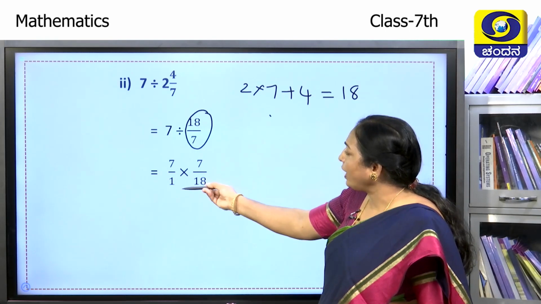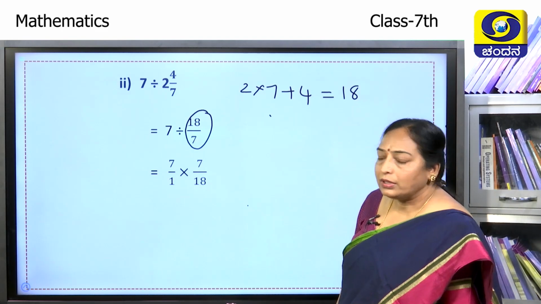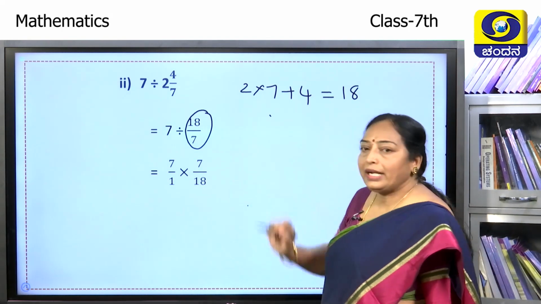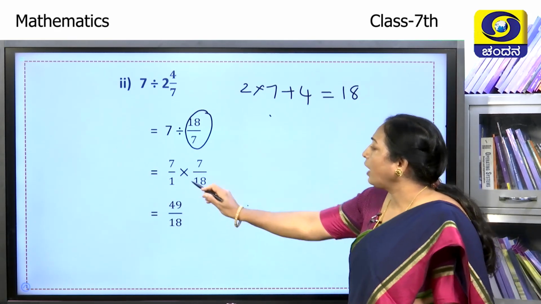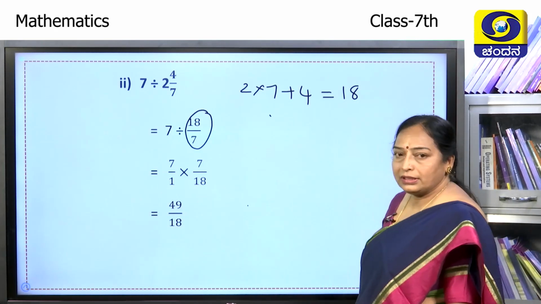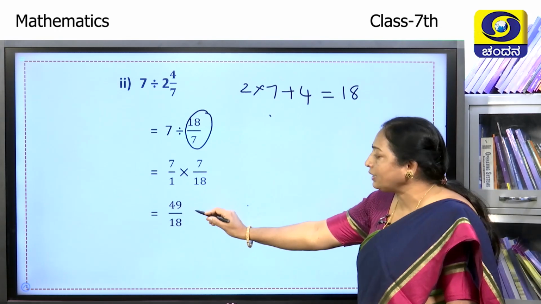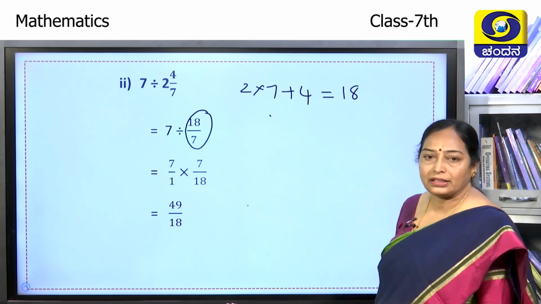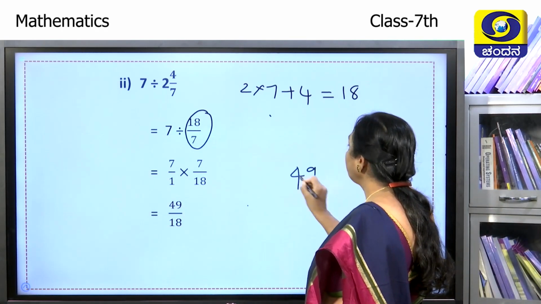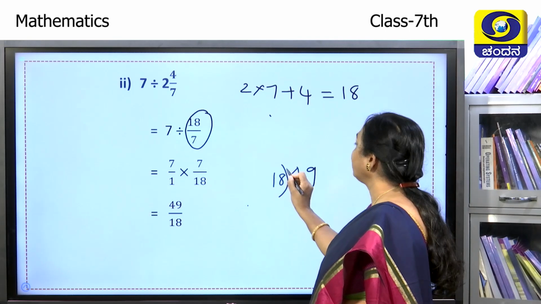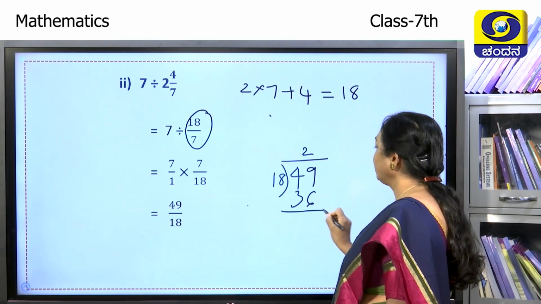Is there any common factor for cancelling numerator and denominator? No. That is why we multiply numerator and numerator. 7 sevens are 49, 1 18 is 18. Is there any common factor again? No common factor. It is an improper fraction. Therefore, you have to write the answer as a mixed fraction. 18 twos are 36.